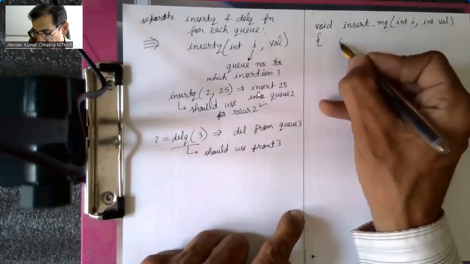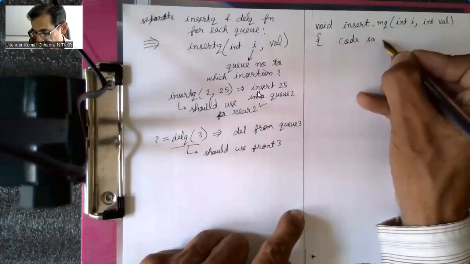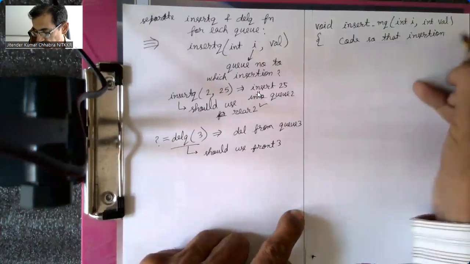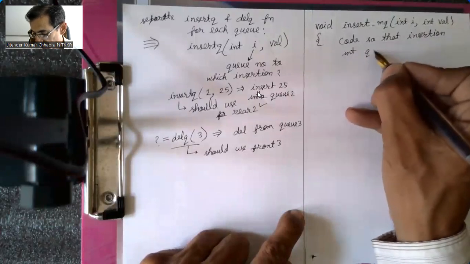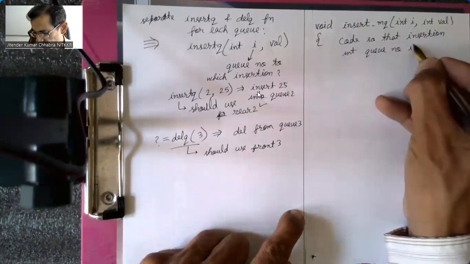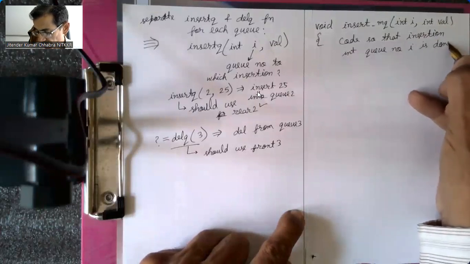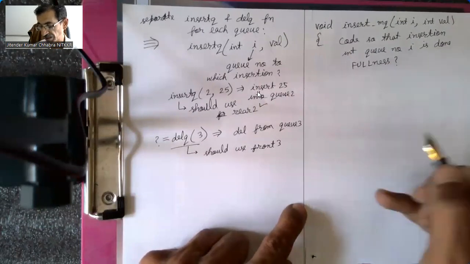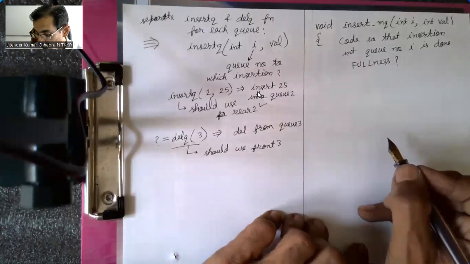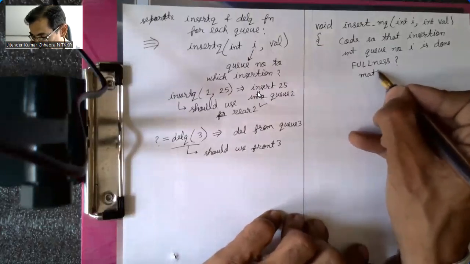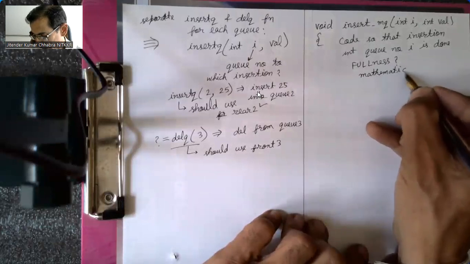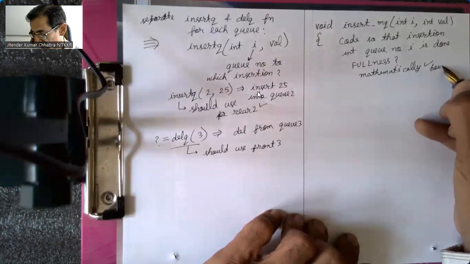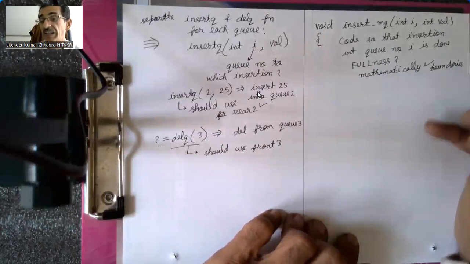And now you write code here so that insertion happens into the proper queue. That will also mean fullness is to be checked. If not full, only then insertion is to be done. I say all that can be mathematically defined, and each boundary can be identified through this process without much difficulty.